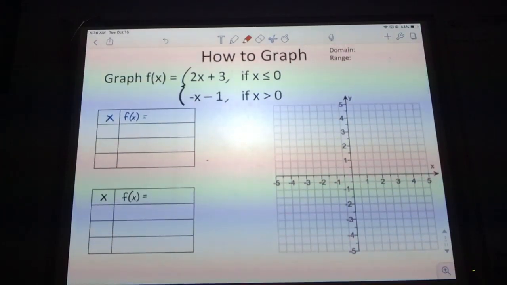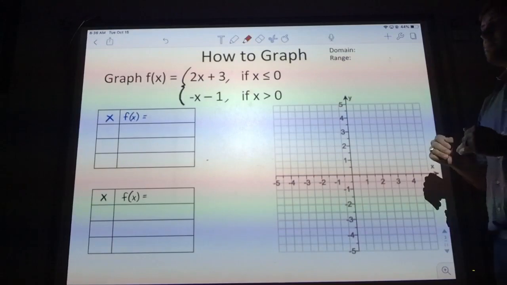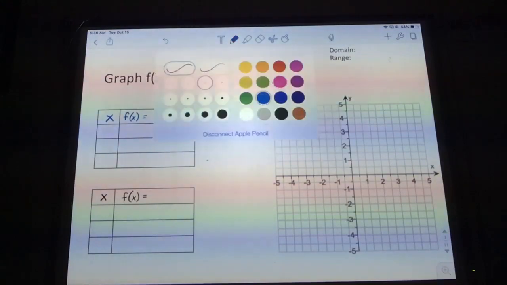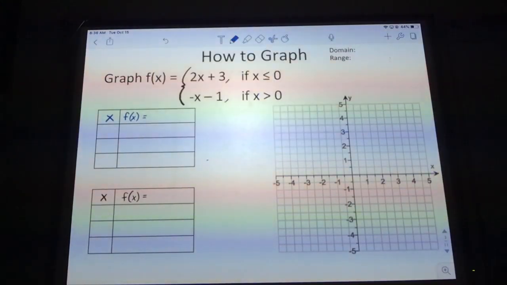You're going to create 2 tables, and actually I have created those for you. I'll show you them. But you're going to create 2 tables. We're going to fill these tables out very specifically. Okay? So first, this top table, I'm going to do that in blue. That top table, I'm going to write down everything I know about the top line.